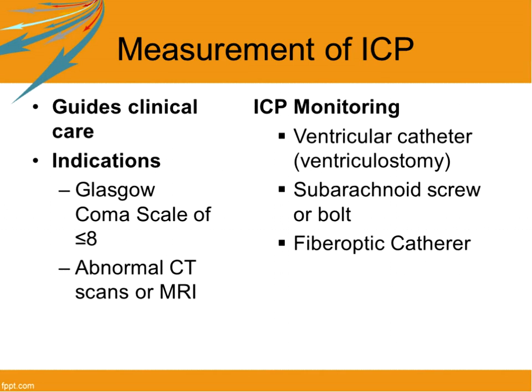There's typically less brain complications from brain shift and ventricular size, but some complications are infection and blockage. Then we also could use a fiber optic catheter. This is an alternative method. It uses a sensor located in the catheter tip and is placed within the ventricle, or it can be placed in the brain tissue, and it gives us a direct measurement of brain pressure. One of the downsides of this is it's very expensive. Another downside is that the tip can easily break.